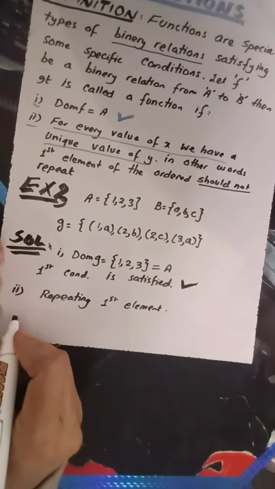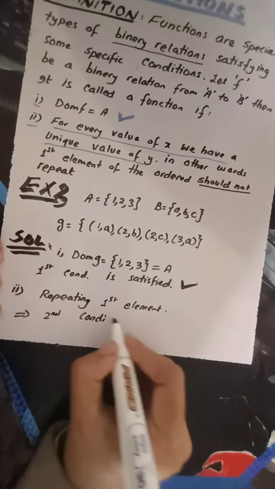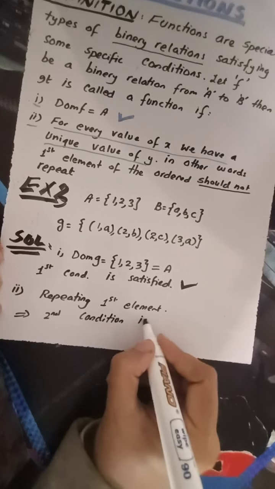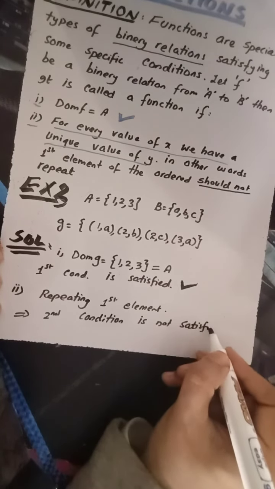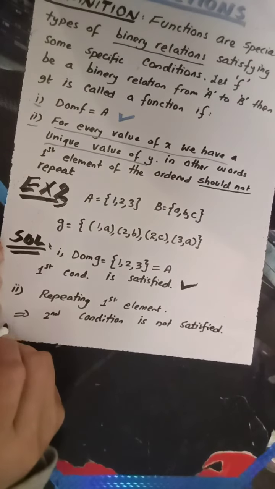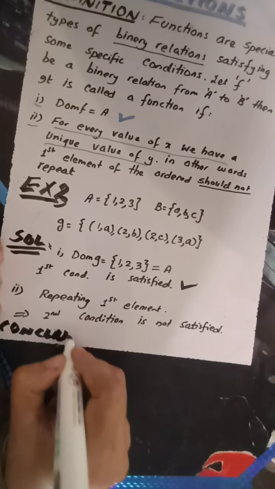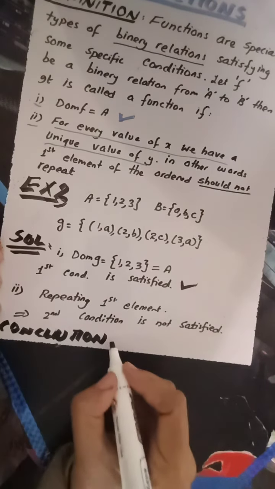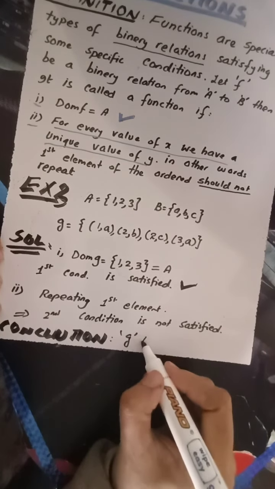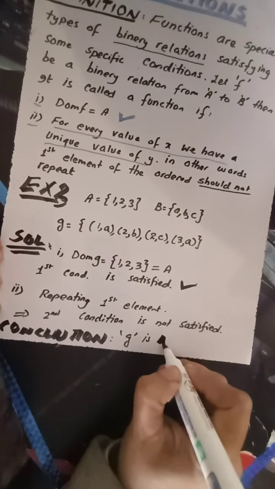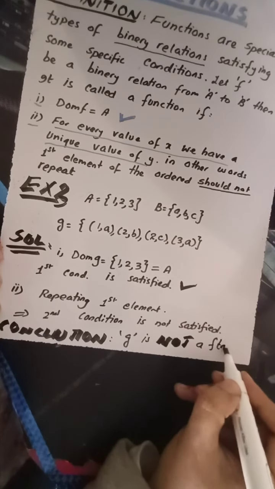We have a repeating first element, which implies that the second condition is not satisfied. And so we have the conclusion: the conclusion is that G is not a function.